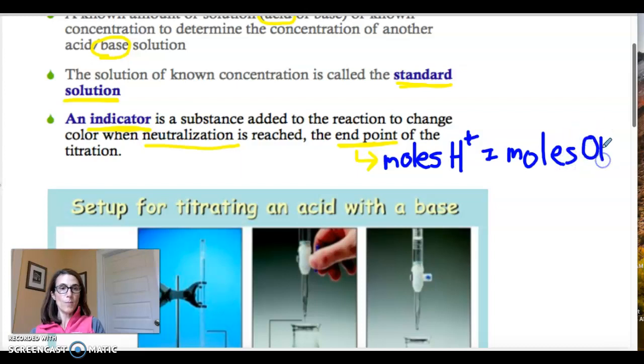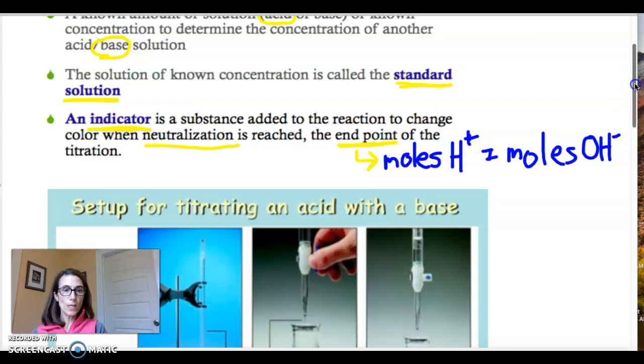Remember, it is the concentration of H+ ions that makes something acidic, and it is the concentration of OH- that makes something basic. So if you're able to get all of those H+ ions that are in solution to bond with all of the OH- ions that are in solution, they form water and it becomes neutral.